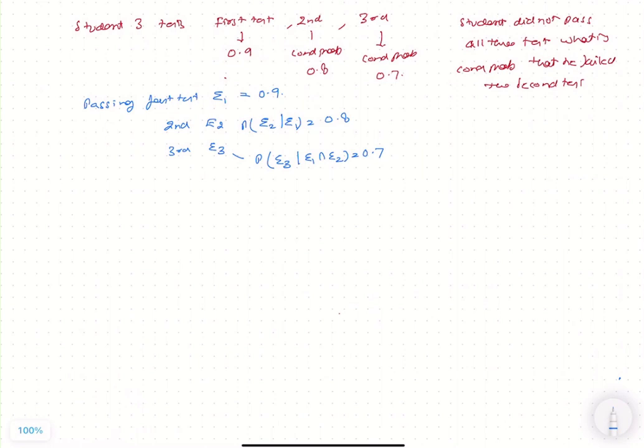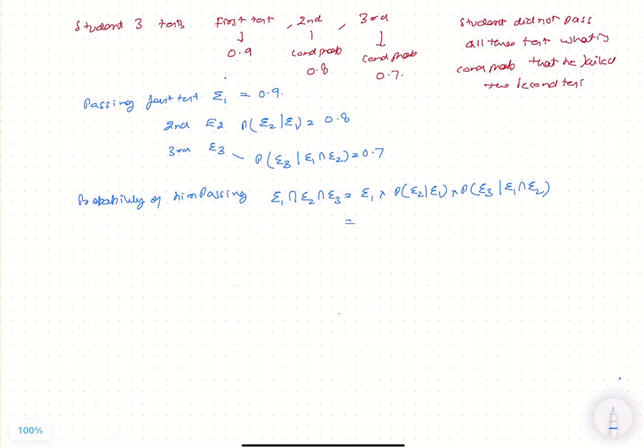So what is the probability of him passing all three? That is going to be E1 and E2 and E3, which is the probability of E1 times the probability of E2 knowing E1 times the probability of E3 when he passed E1 and E2. That is the law of multiplicative probabilities.